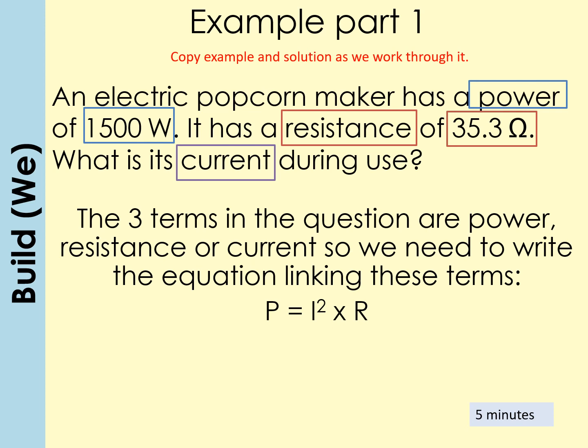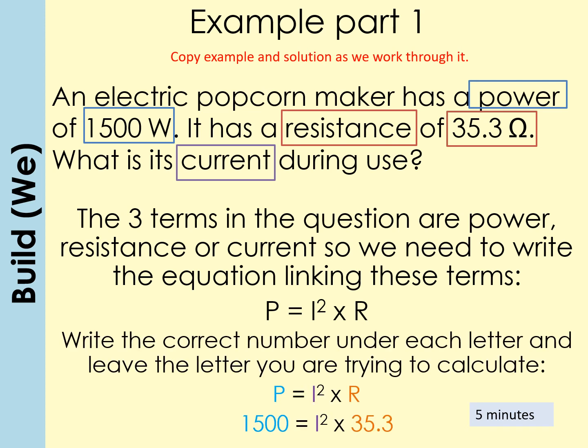So let's first of all write out the equation. Power equals current squared times resistance. And as explained earlier, add in the values that you already have. So it becomes 1500 equals I squared times 35.3.